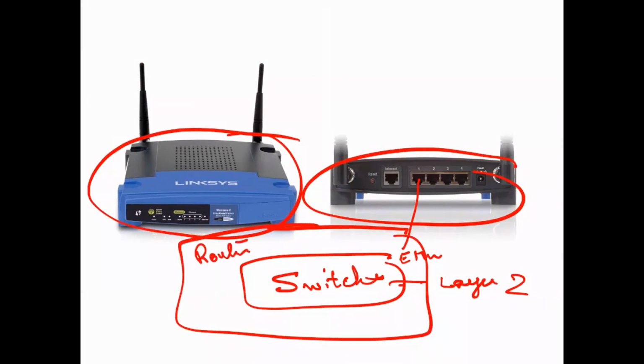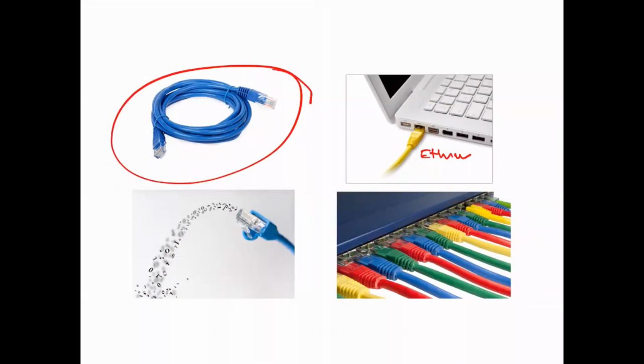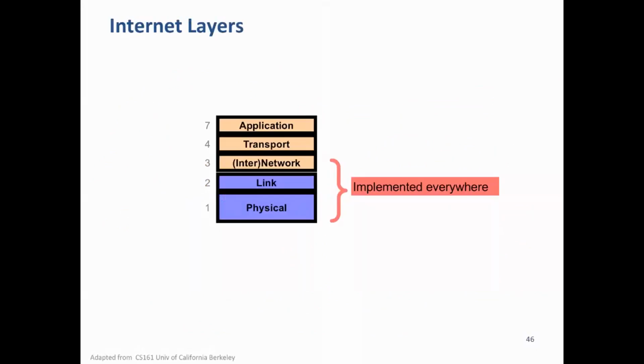So a router will have a built-in switch inside. Normally what we get here, like a Linksys one, or the box Airtel gives you, is nothing but a router. And then we have this cable used to connect earlier. Nowadays, of course, you have Wi-Fi. It's an Ethernet cable, right? This kind of cable you would have seen. So what is the function of the link layer?